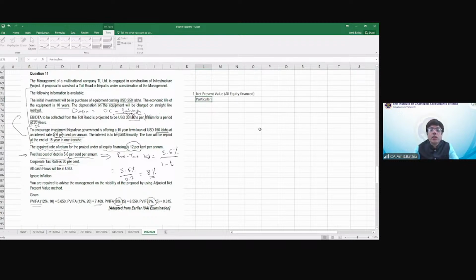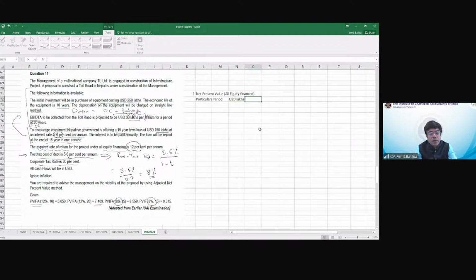Particulars: obviously I will first need to calculate what is going to be my CFAT, because I am given EBITDA. Then the period, because it is the same static period for a lot of the cases, for 10 years, for 20 years, and so on. Then USD in lakhs, that is amounts in dollars.